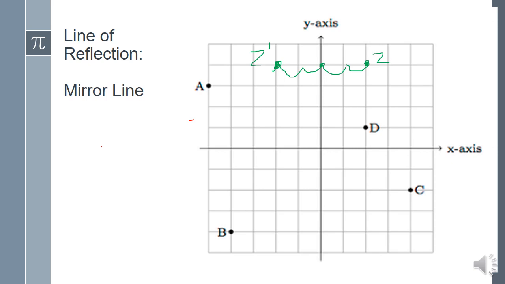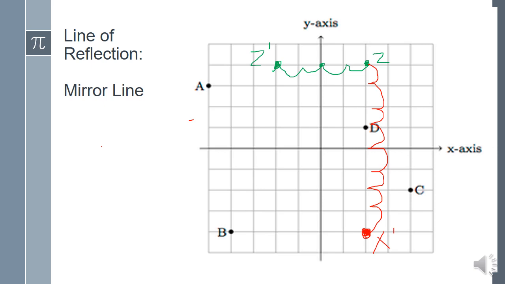But let's say they told me to reflect across the x-axis. I'm not going to the left. The x-axis is down here, so I have to go down. So the distance to the x-axis is 1, 2, 3, 4. So I got to go 4 more units. 1, 2, 3, 4. And so this is where my point would be if it was across the x-axis.